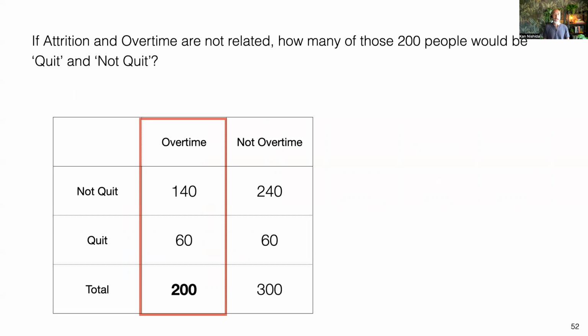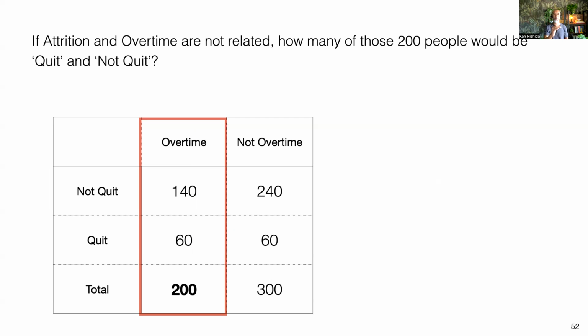Right now we know that we have 140 people who didn't quit yet and 60 people who have quit. But if attrition, which is quit or not quit, and overtime, which is overtime or not overtime, have no relationship, meaning a flat, equal ratio chart in the expected world, how many people are supposed to be in the non-quit cell and how many in the quit cell?